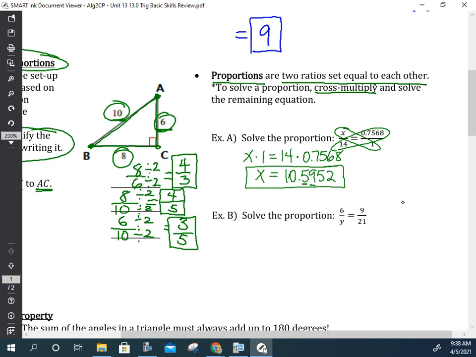So let's do one more example. Part B, solve a proportion. Same rules apply. Cross multiplying, just like making an x. So 6 times 21 equals 9 times y.